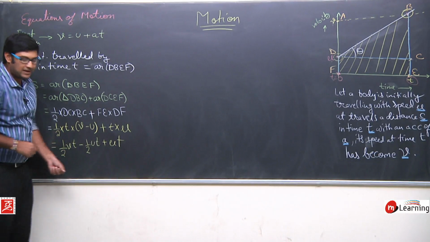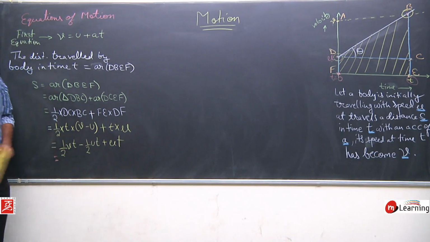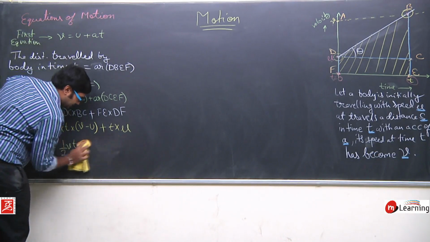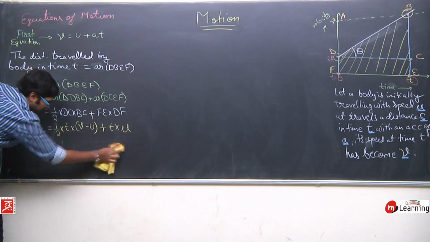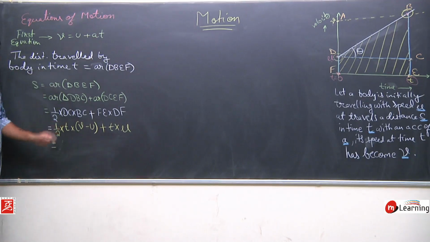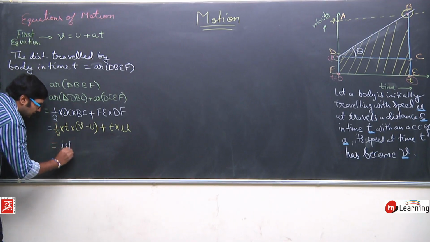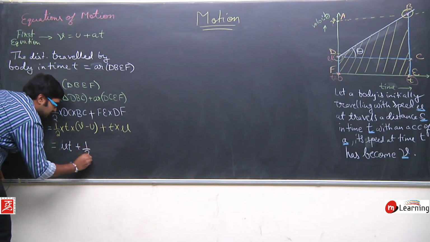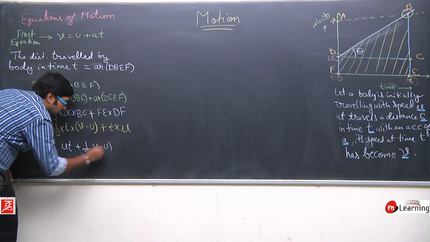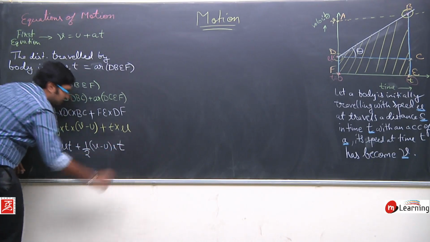Or instead of multiplying, let's solve it here only. We have this condition, okay. Now we write it in this way: U into T plus half times V minus U into T.